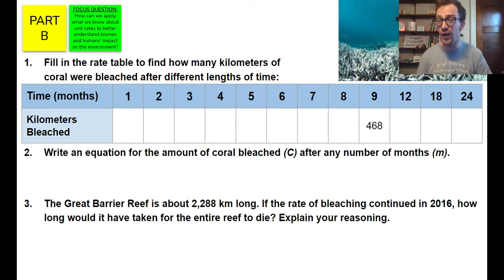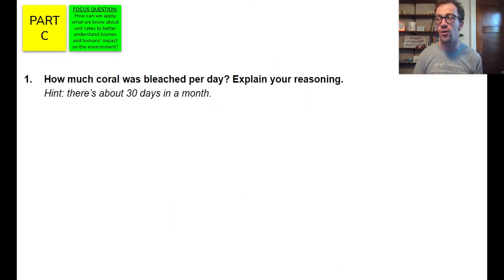Use that unit rate that we've been practicing to extend it to find what's going on after other numbers of months. I'm also asking you a couple questions about how you can take this information and put it into an equation, and then also extend it in order to be able to figure out what about per day.